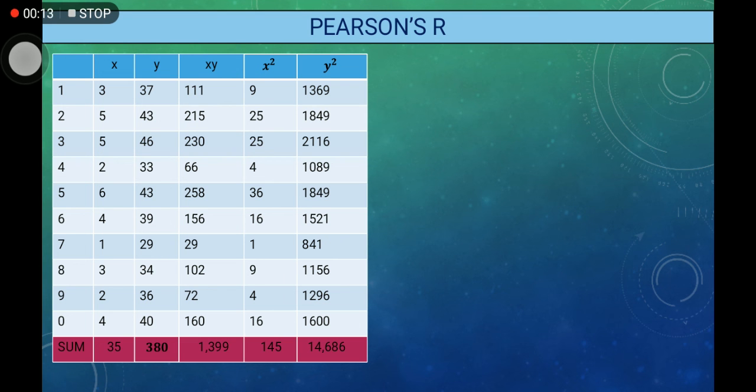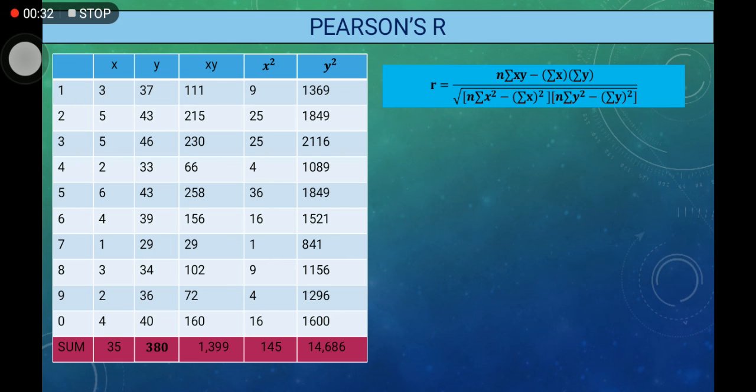Ngayon, naging 6 na dahil hinanap na nga natin yung xy, yung x square and y square. Kaya yung sum ng xy is 1,399, sum ng x square is 145, yung sum naman ng y square is 14,686. So, yung formula natin is yan.